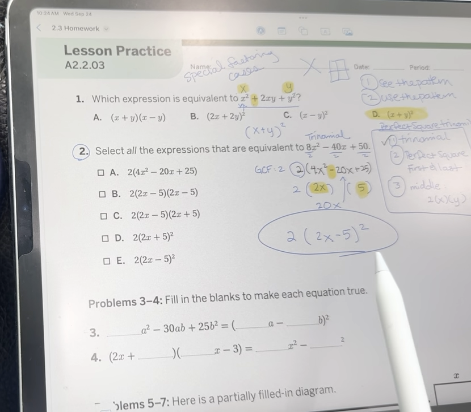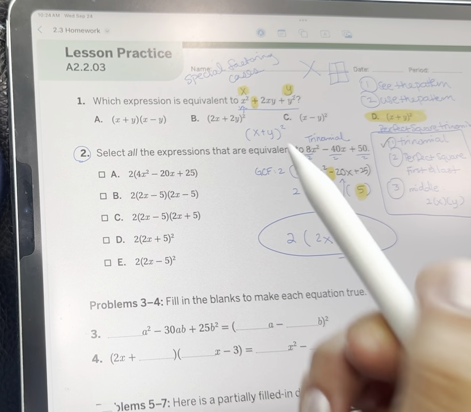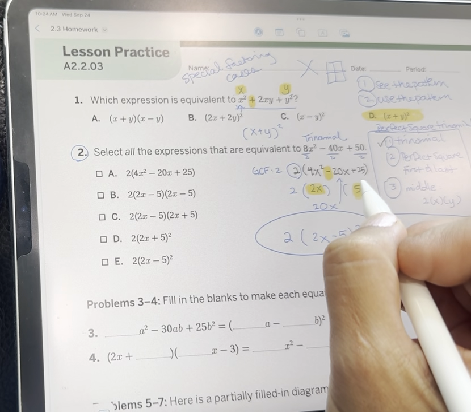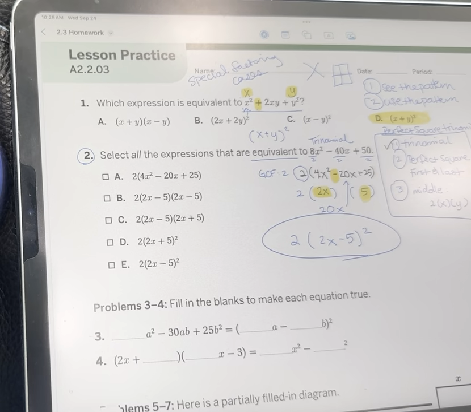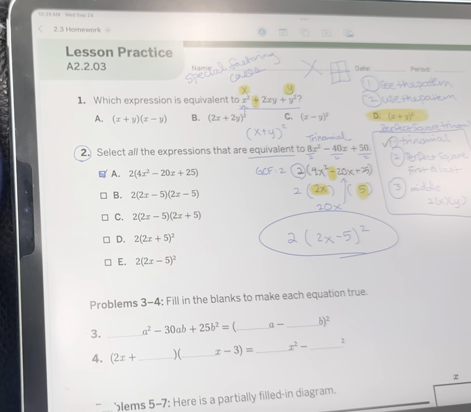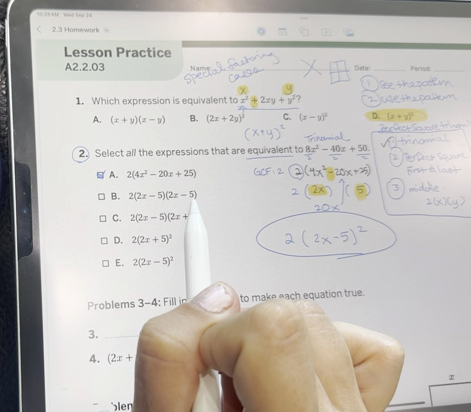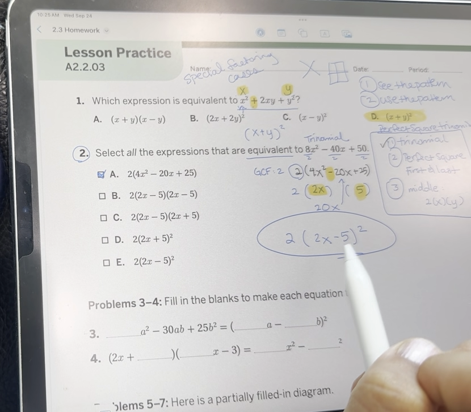Now we got to go see all the different ways that they could have written that, okay? This first one is they only took out the GCF. Technically, that's an equivalent expression. It's not factored all the way, but it's equivalent. Next, we have 2 times 2x minus 5, 2x minus 5. That 2x minus 5, 2x minus 5 is what 2x minus 5 squared is.